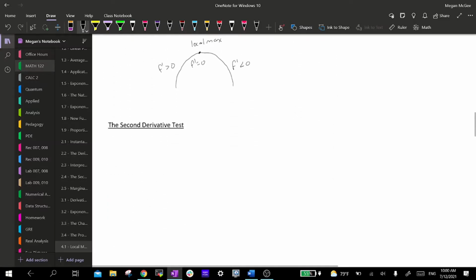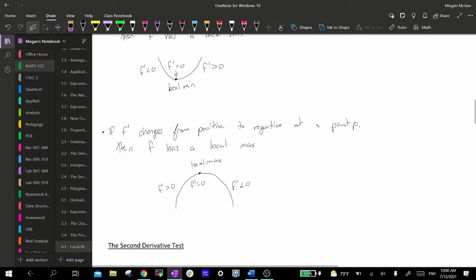Now we have the second derivative test, which, if you've noticed something about our first one, concavity plays a role in this, doesn't it? Okay. So we can determine concavity from our second derivative. Remember that?